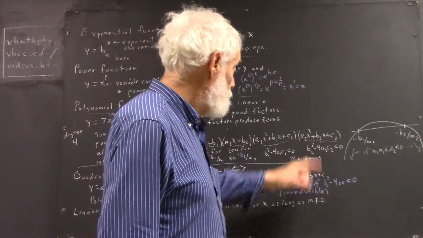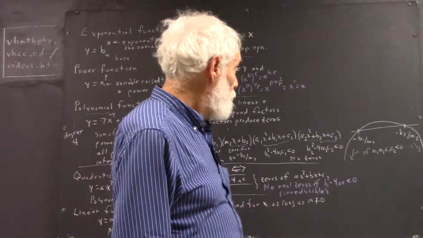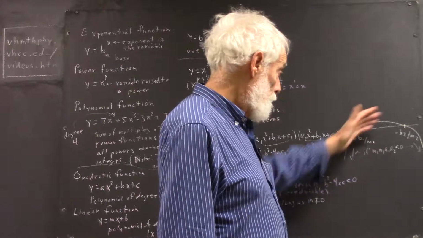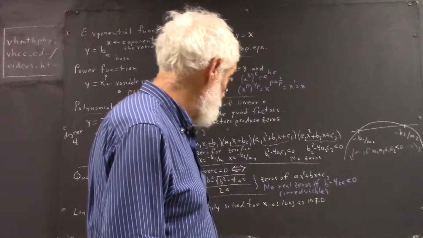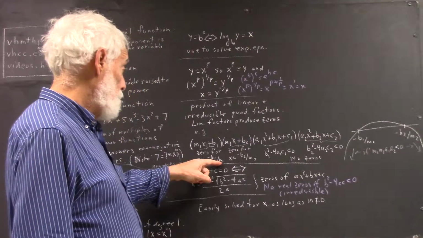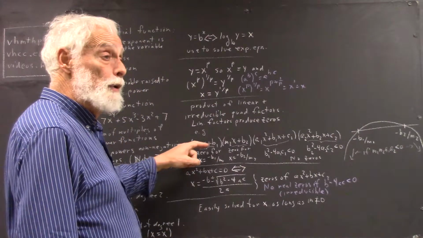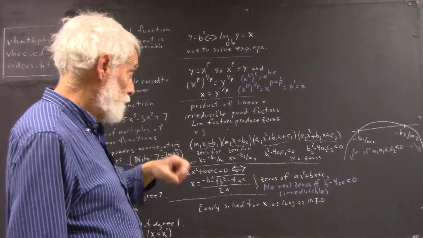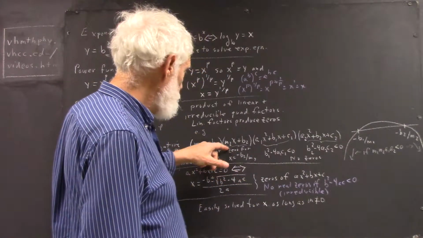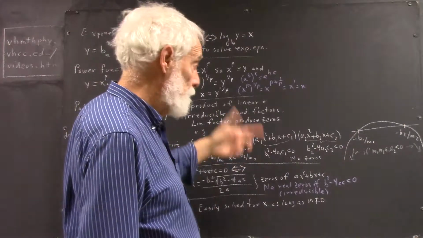Since these are irreducible, there are no zeros. So we only have the two factors, so the graph of the polynomial might look something like this. It goes through 0 at negative b1 over m1, which is a solution to m1x plus b1 equals 0, and negative b2 over m2, which is a solution to m2x plus b2 equals 0.